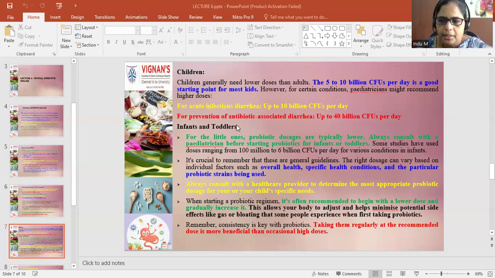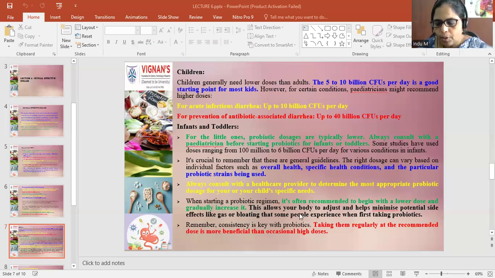While identifying the right dosage, we have to see factors like overall health, specific health conditions, and the particular probiotic strains being used. So always we need to consult a healthcare professional or the pediatrician for prescribing the dosage for infants and toddlers. When starting a probiotic regimen, it's often recommended to begin with a lower dose and gradually increase it.